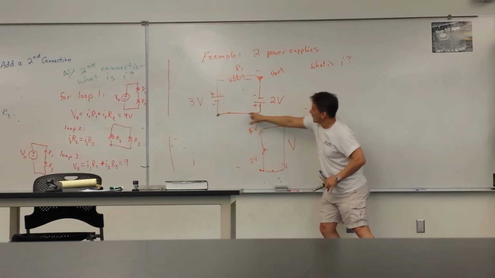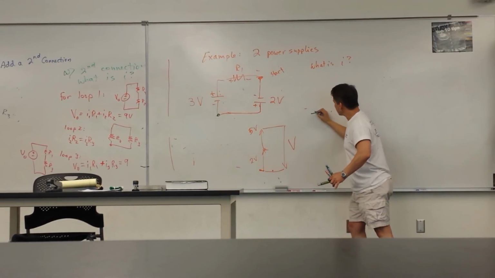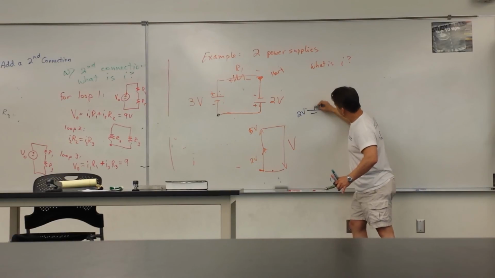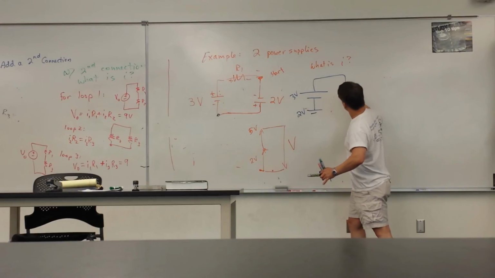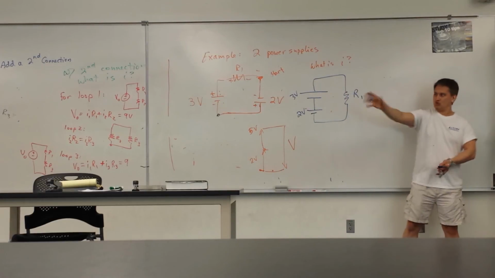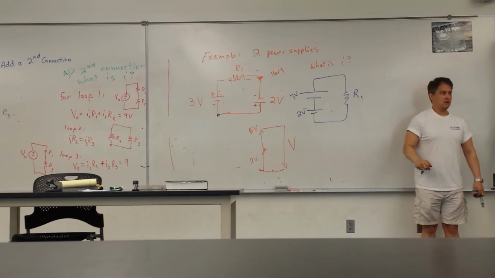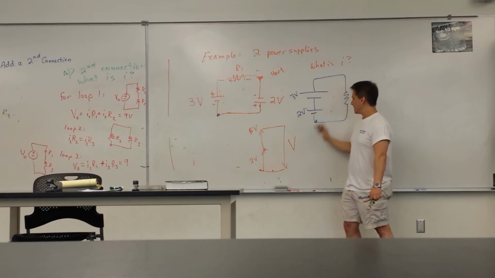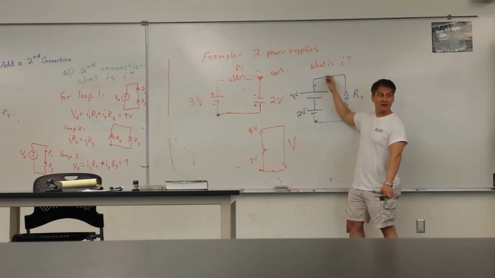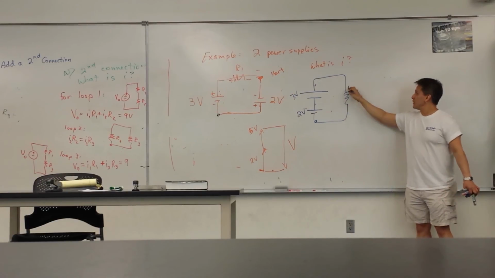If I just slide it over, I can say, there's my 2-volt battery, there's my 3-volt battery, there's my resistor. I didn't rotate it, didn't change anything. Now it's easier to see if I start there, which was over here, I'm going up 2, going up 3 more, and then I have to drop that amount and go from here to there.